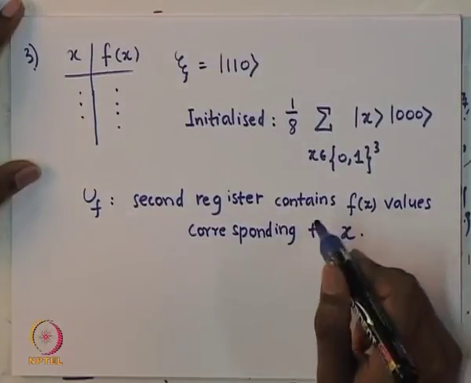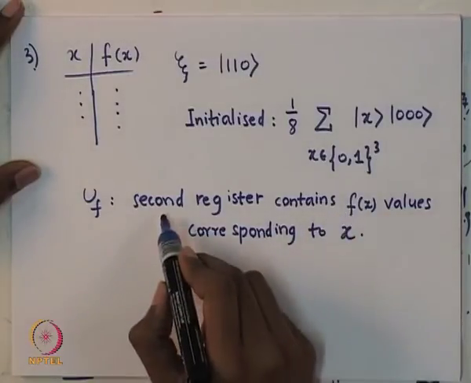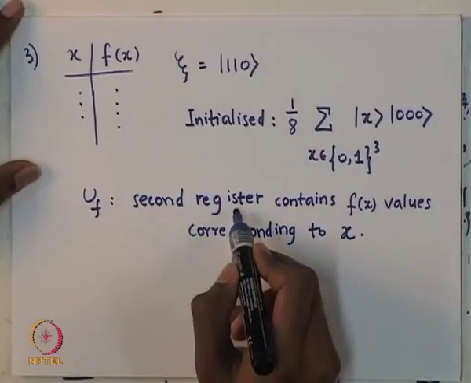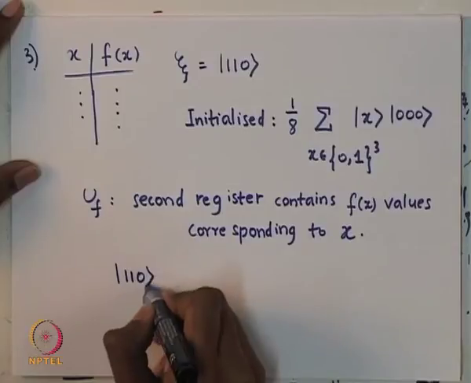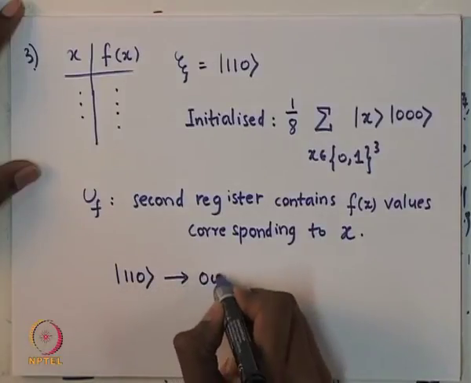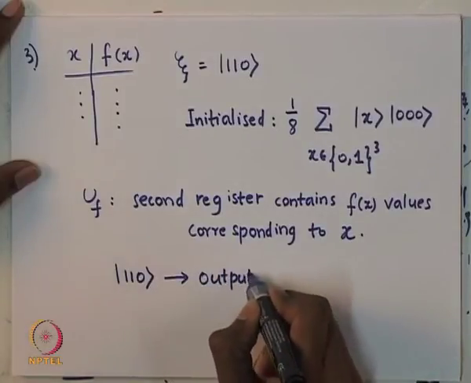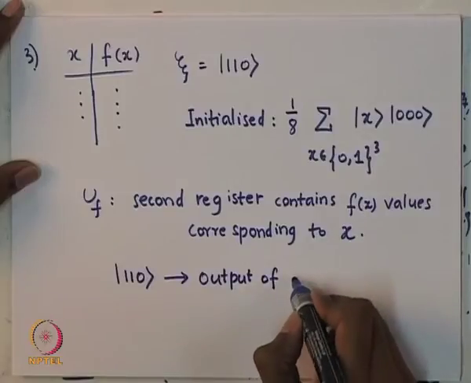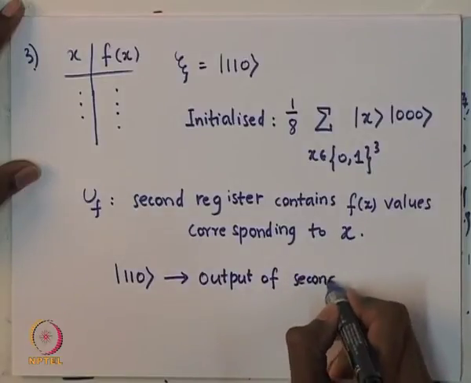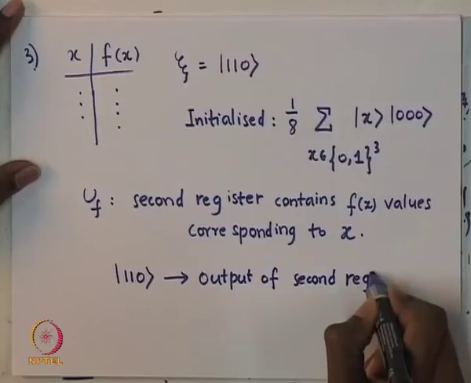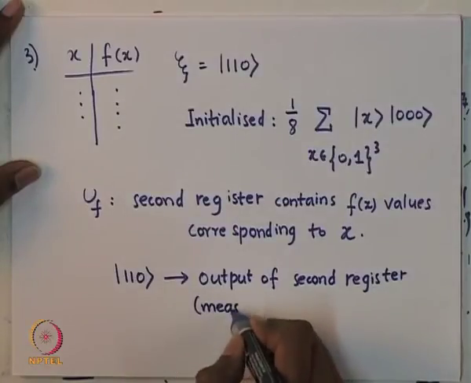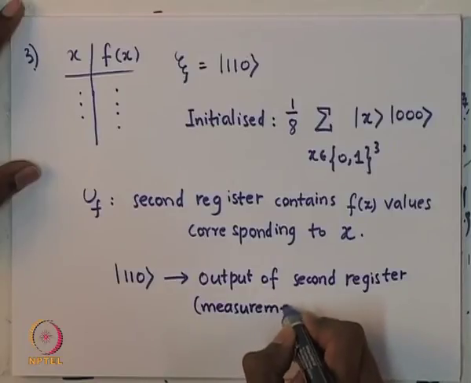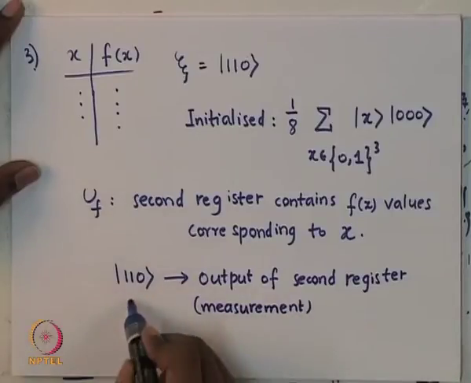Now in the question we are given that the observation on the second register has given the value 110. This measurement on the second register gives us 110.